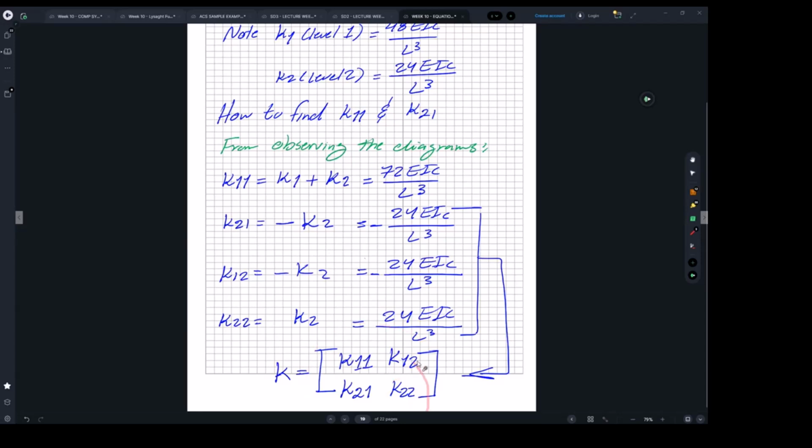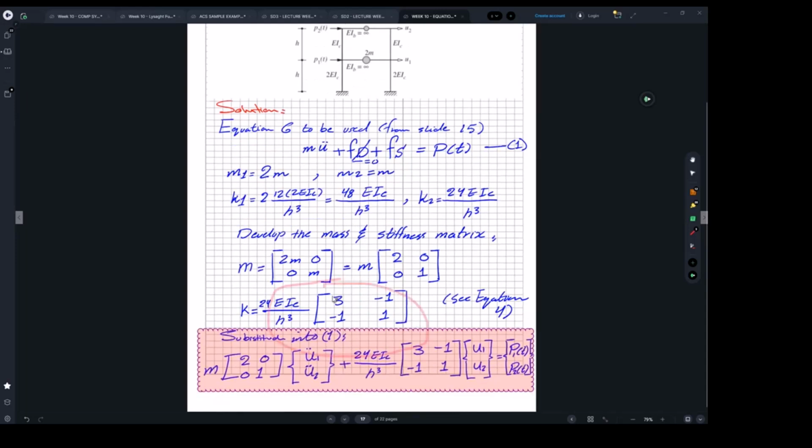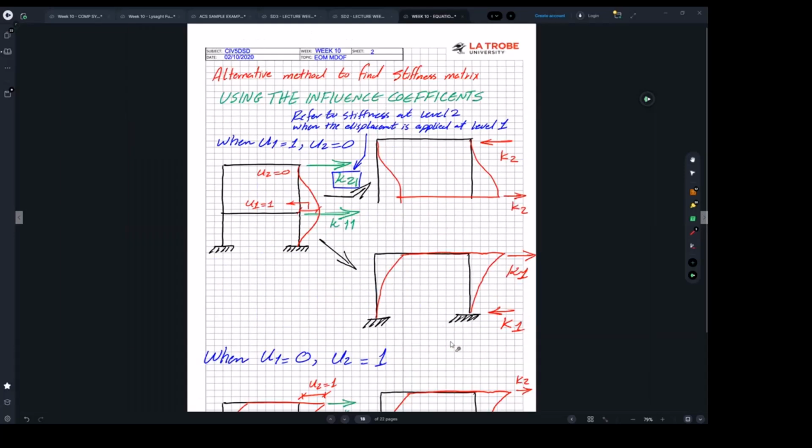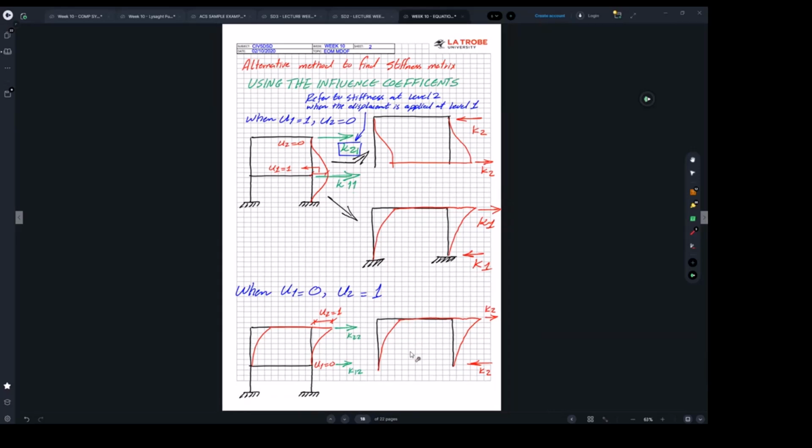And your matrix should be same as what we had. We should come back to these values as well. So that's basically just showing you how we use the influence coefficients to work out or formulate the matrix.